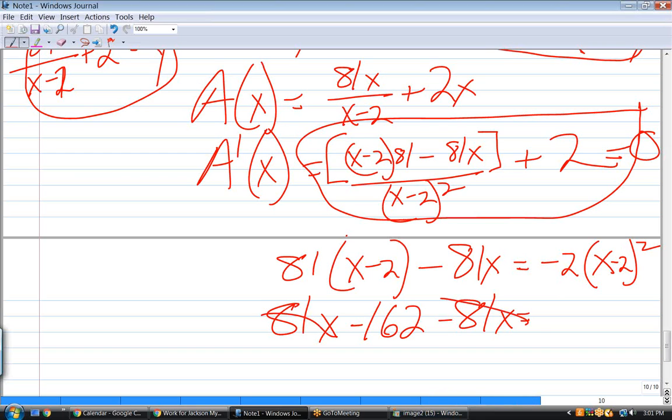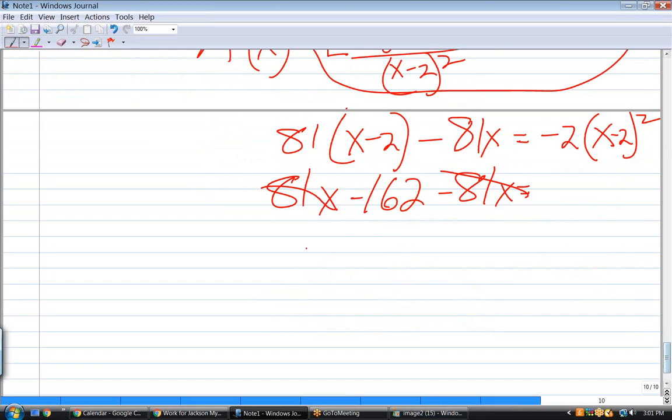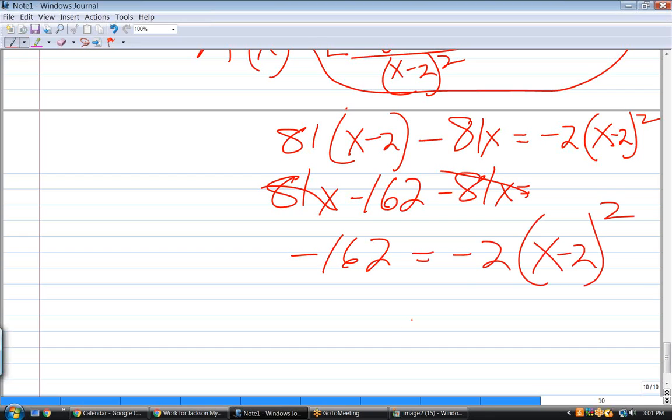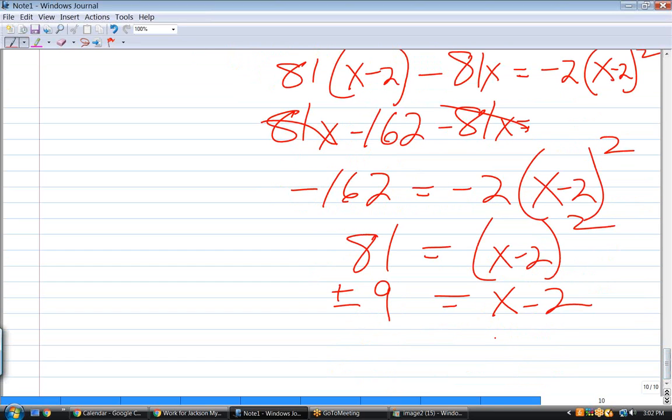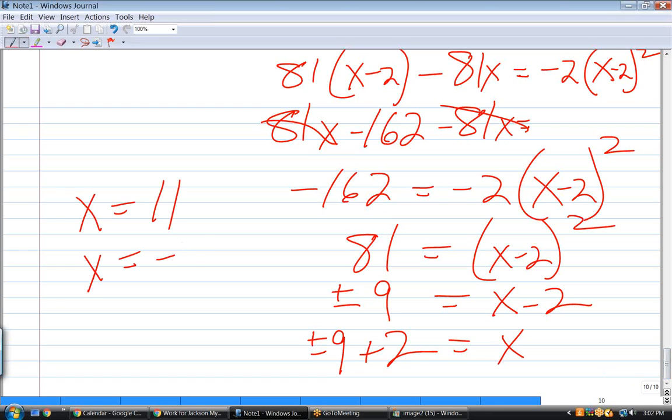So the 81x's cancel, and I get minus 162 equals minus 2 times x minus 2 quantity squared. Divide both sides by minus 2. Get 81 equals x minus 2 squared. Take the square root of both sides. You get x minus 2 equals plus or minus 9. And you get x equals plus or minus 9, plus 2. Which means x is equal to either 11 or x is equal to minus 7.